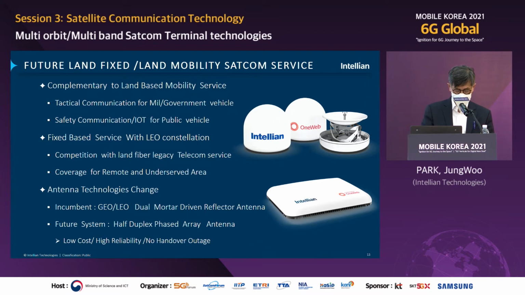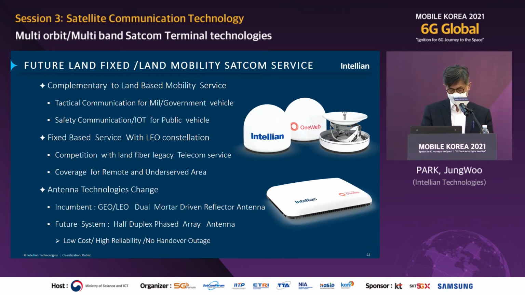In a nutshell, land Satcom mobility service will be complementary to land-based mobility services such as government vehicle or emergency vehicle. But at a larger scale, land fixed service comparable to land 5 quality will be the dominant service with the LEO constellation.